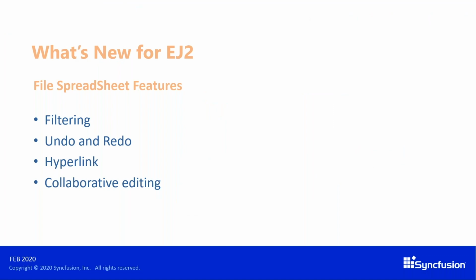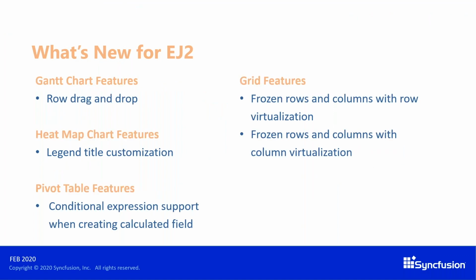The next set of enhancements I'd like to talk about are from the Gantt, heat map, pivot table, and grid. Now we have support for drag and drop of the Gantt chart rows, and in heat map you have the option to add a title, and in pivot table you have the option to add conditional expressions for creating calculated fields to form your own formulas.